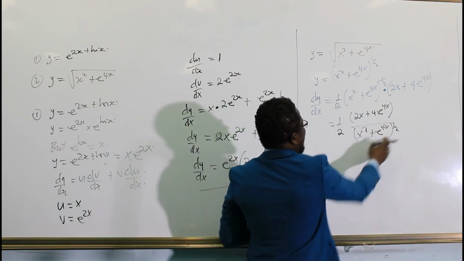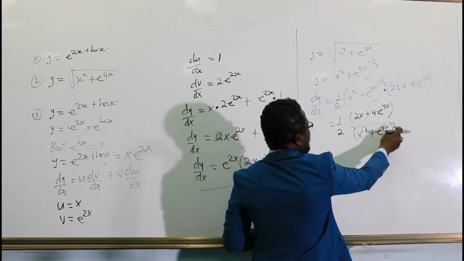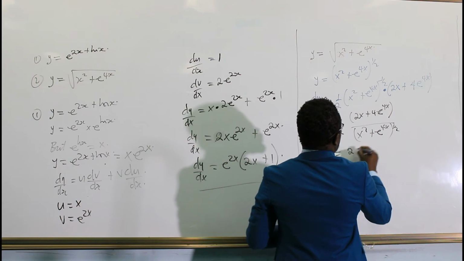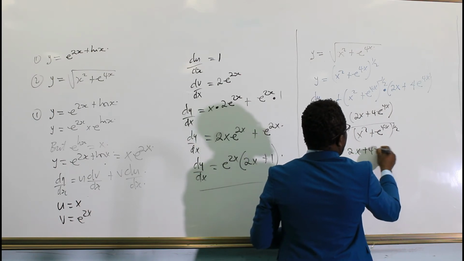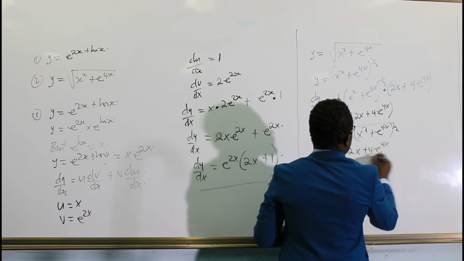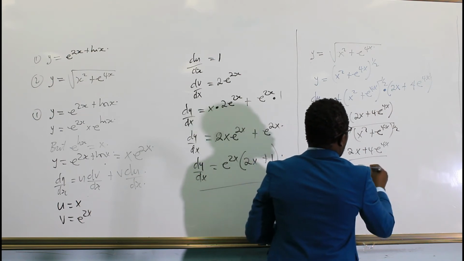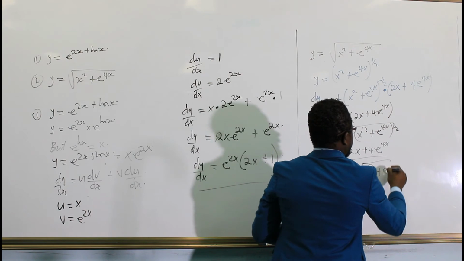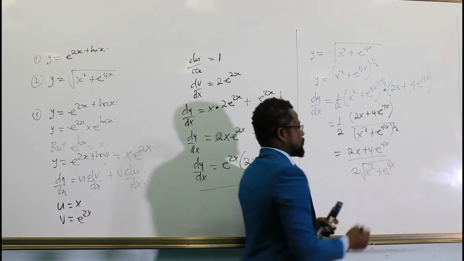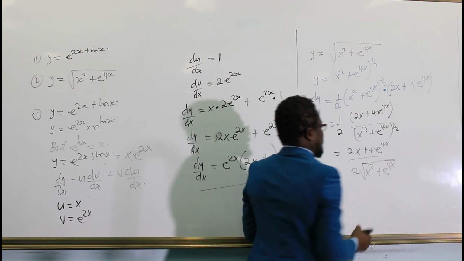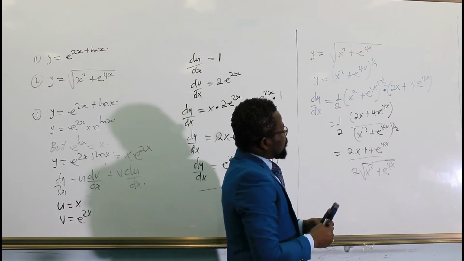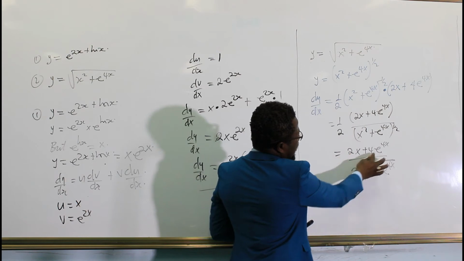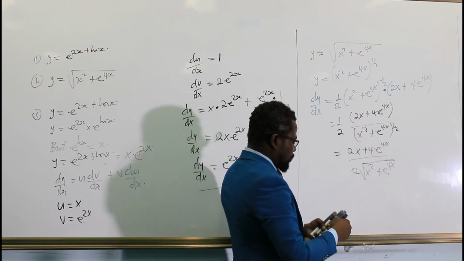Now we change the exponent half into a square root, so this gives us 2x plus 4e exponent 4x divided by 2 times the square root of x squared plus e exponent 4x. We can see there is a 2 here and a 4 here, so we can factor out the 2.